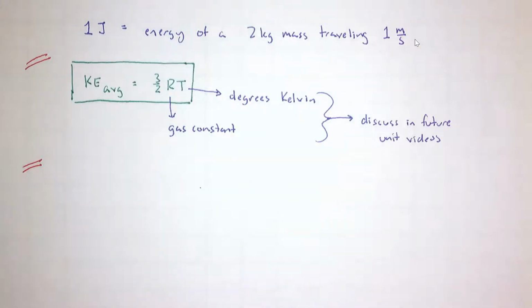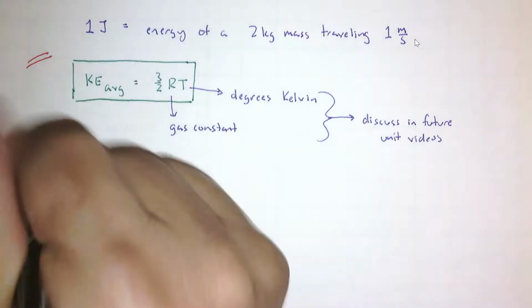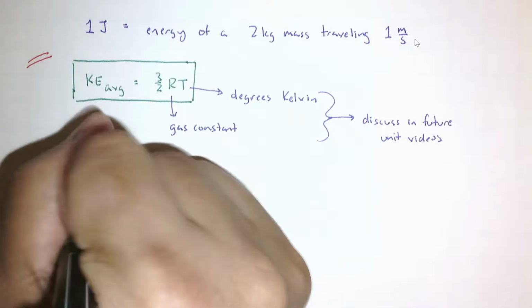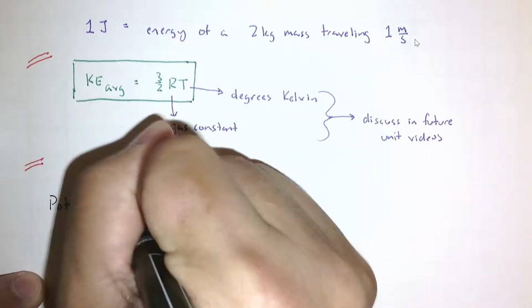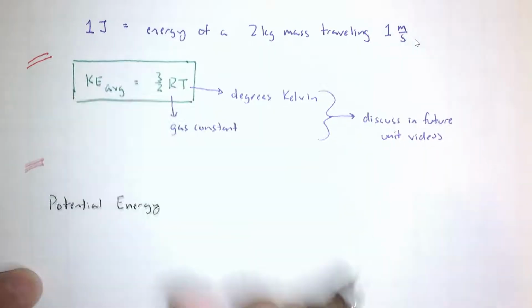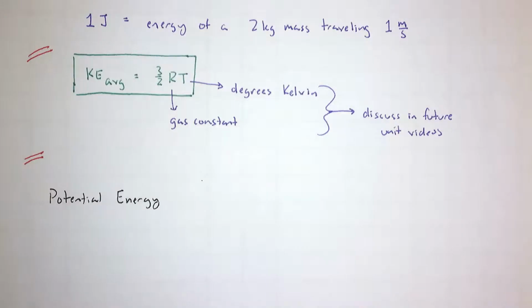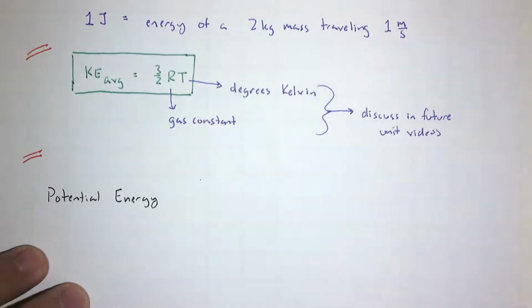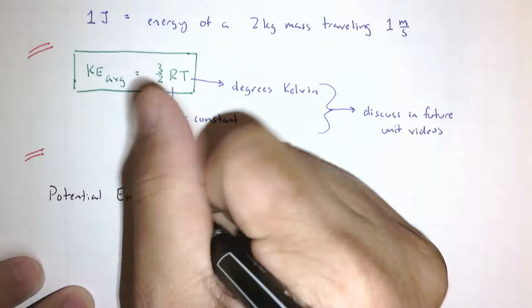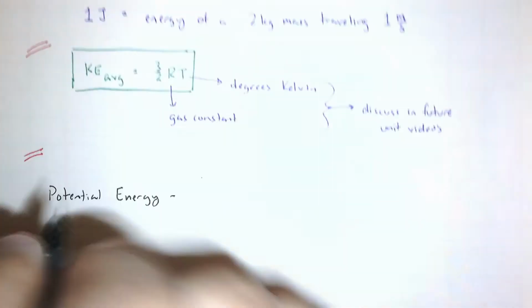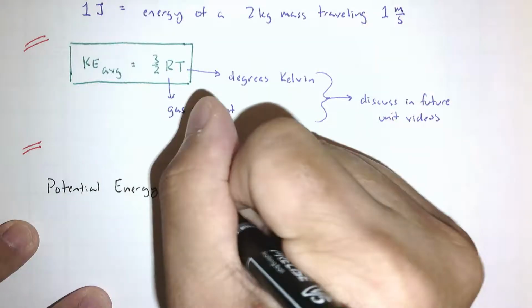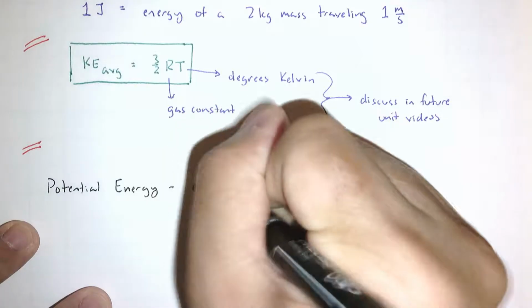Let me just find my notes. Okay, potential energy is next. Potential energy is energy of an object due to its position. I know it's kind of an abstract definition. I'll explain a little bit more.